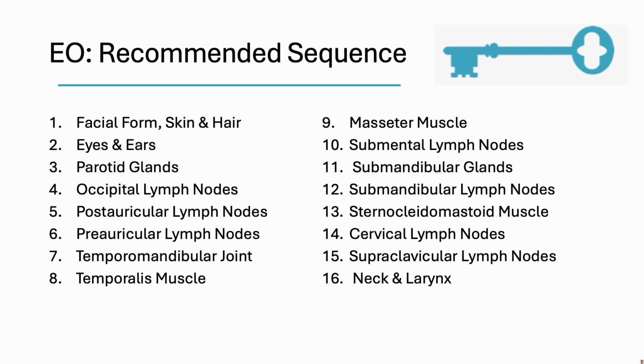The recommended exam sequence includes facial, form, skin, and hair, eyes and ears, then parotid glands, occipital, postauricular, and preauricular lymph nodes, followed by the temporomandibular joint, temporalis, and masseter muscle, submental and submandibular lymph nodes, followed by the submandibular gland.